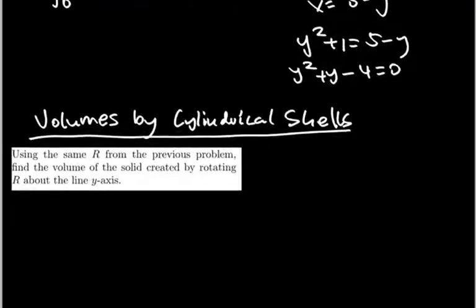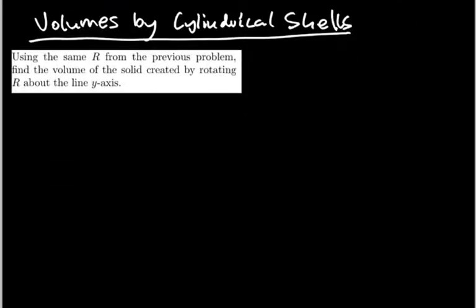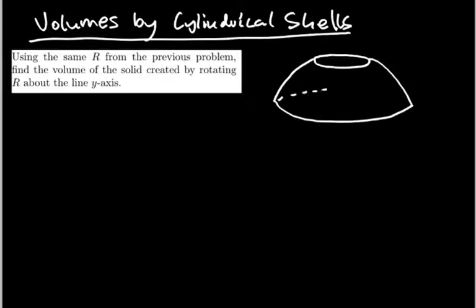Alright, very last one, cylindrical shells. So we're actually going to do the same problem, except with cylindrical shells. So let's do this. So draw it again, and then we're going to do another little thing with it.